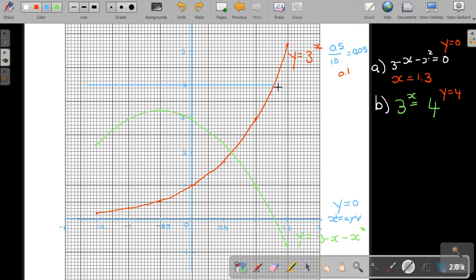And where it cuts there, you're just going to go straight down and read it down there. Remember it's counting 2 units, so it's 1.1, 1.2, it looks like 1.25. So x equals 1.25.